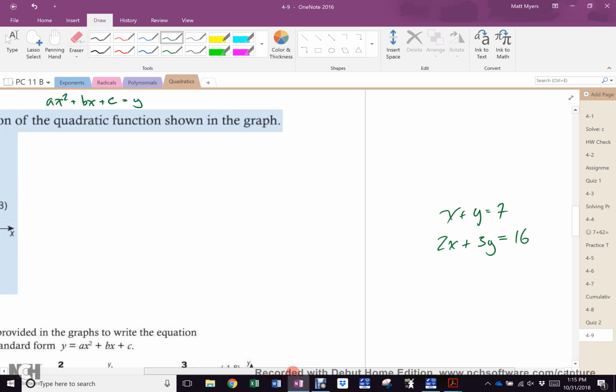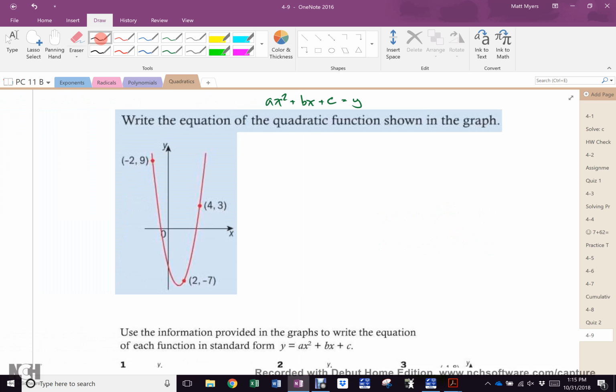Well, doing this right here, don't I have 4a minus 2b plus c equals 9? Don't I? Is everyone okay? Okay.